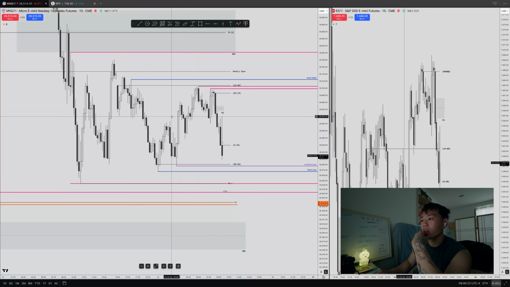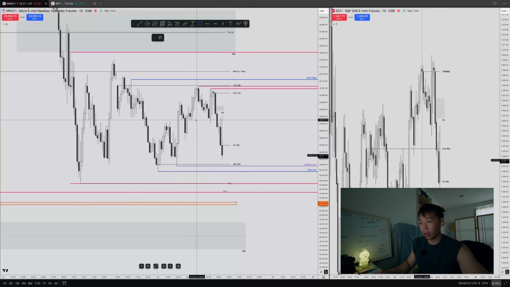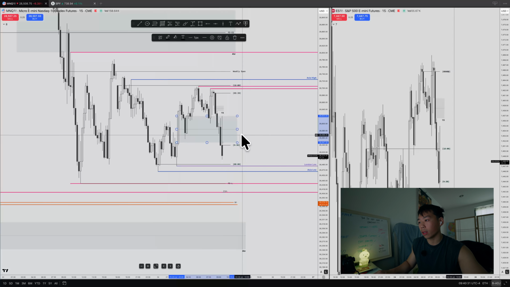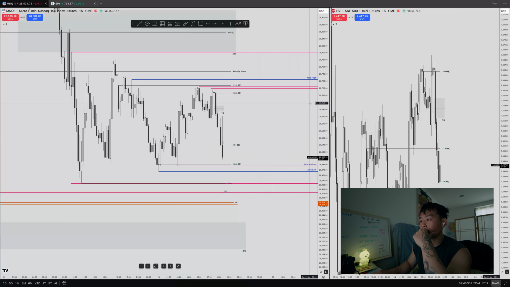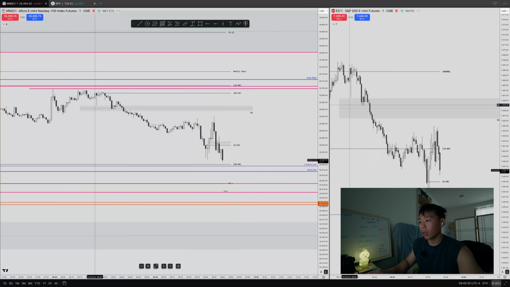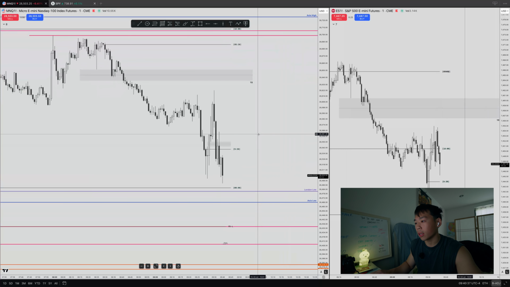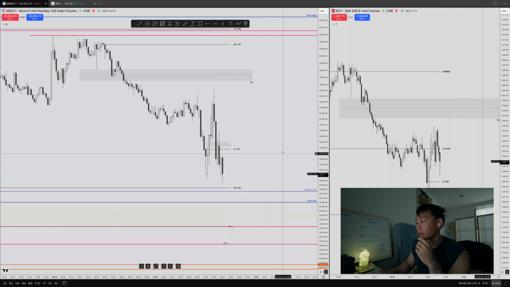We also have this large inverse 15 over here. You guys can see these. We have this inverted 15, so it's another nice confluence for shorts. Okay, so it looks like price is going to take these lows.